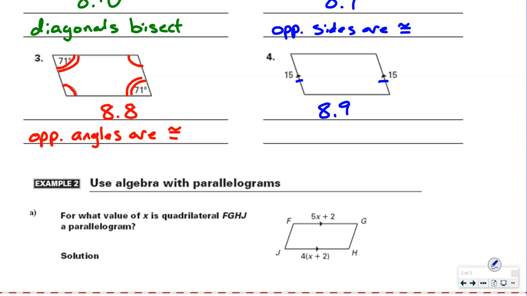So one pair of opposite sides are congruent and parallel. Congruent and parallel, and that symbol is just the symbol for parallel.